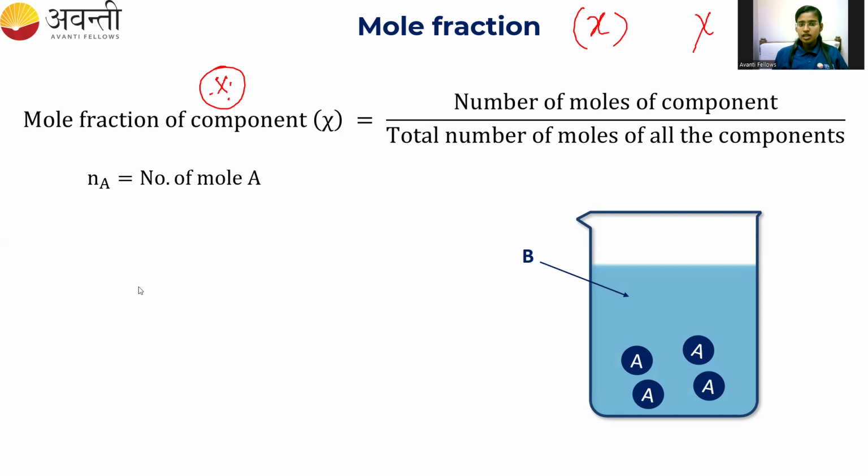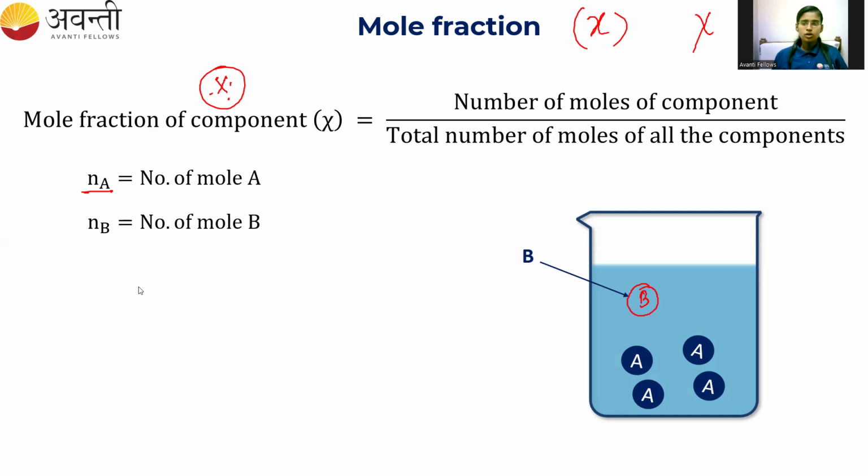Na is called the number of moles of A. And for the component B, I may have some B component also. The number of moles of B can also be calculated and it is denoted as Nb, the number of moles of B.